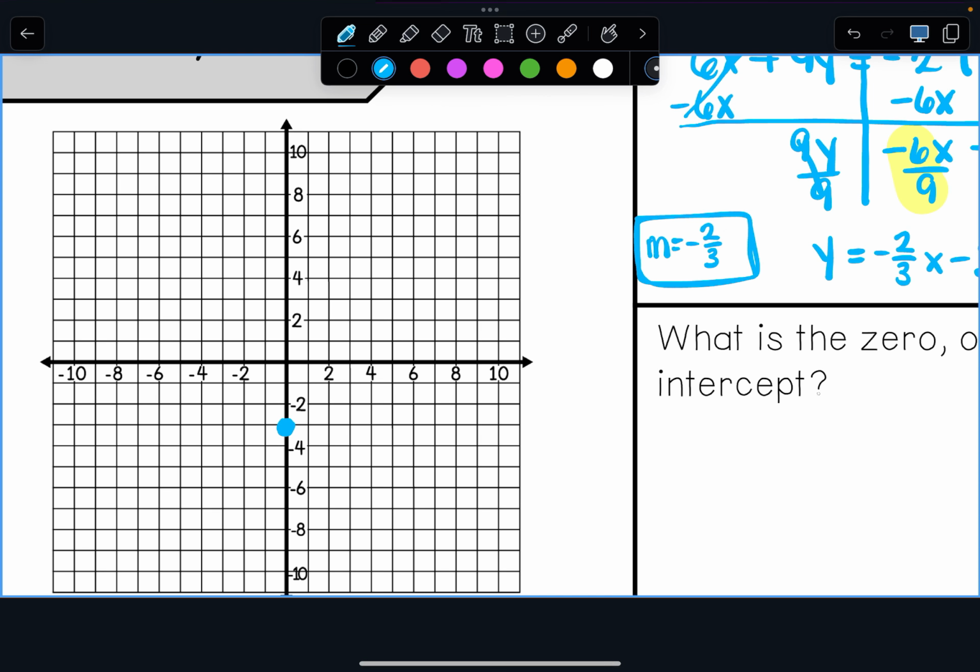All right. It is a negative slope, so we go up and left. Where do we end up? Negative 3. Oh wait, I put it on the x. Up, yeah, it's negative.